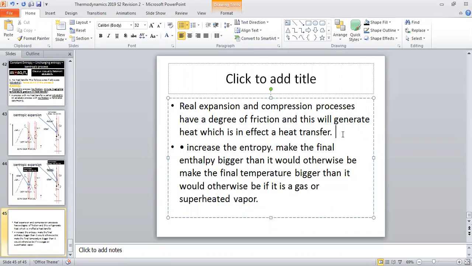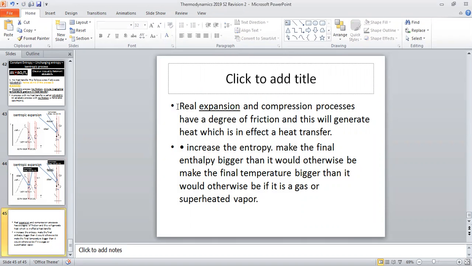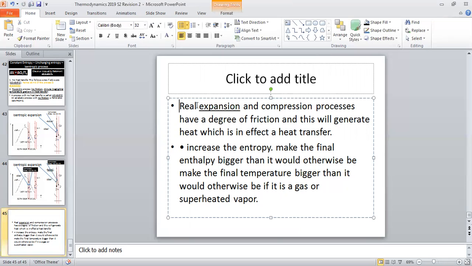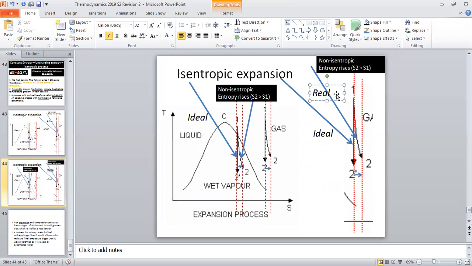We talk about expansion. For expansion, we use the word actual. Here we have the word real. Real means actual. So I would change this maybe to real, that should be okay.